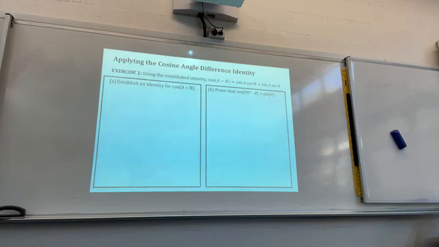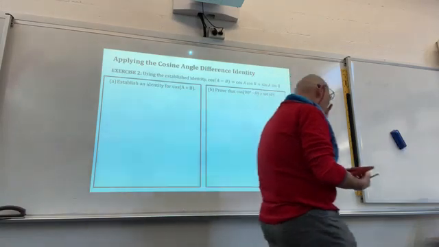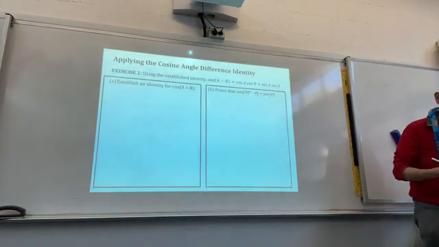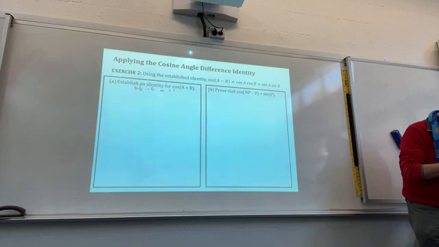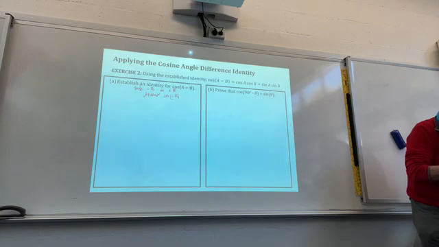Cos minus B. So if you think about that, cos B is the same as cos minus B. So we can substitute minus B as plus B, because cos minus B equals cos B. Correct?